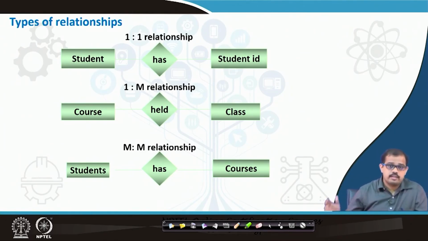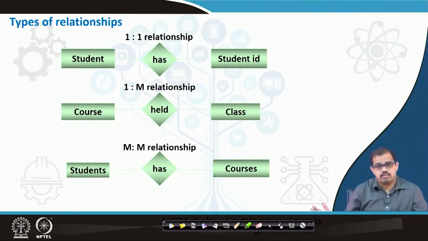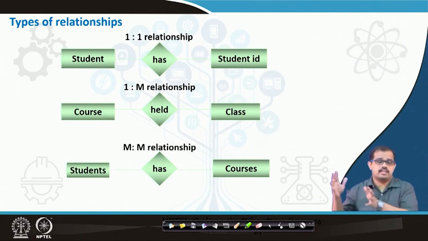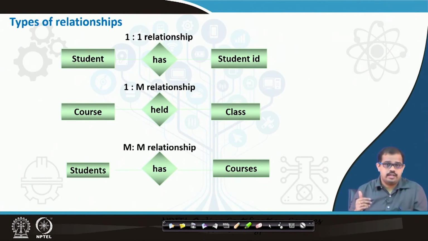Now you have many to many also, where multiple students take multiple courses. That means many students have many different courses. So these are three different types of relationship. The first kind is the 1:1 relationship, which says that one entity is related to one other entity.